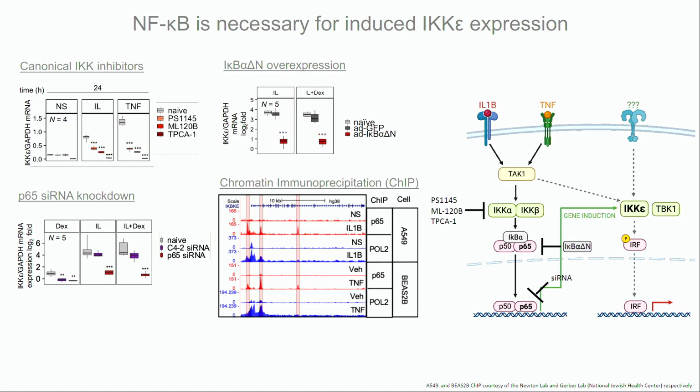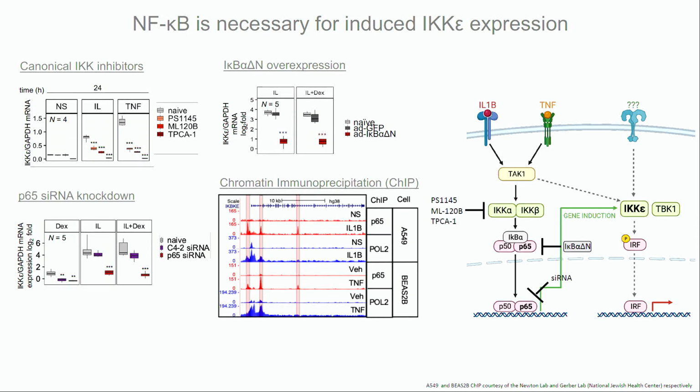Looking into both our labs' ChIP sequencing data in A549 and BEAS-2B cells, which, if you're not familiar with ChIP sequencing, basically shows where proteins are binding within the genome. You can see that at the IKK epsilon locus, shown above here, there are 3 different regions where p65 is binding, not in non-stimulated conditions, but increased with IL-1 beta stimulation.